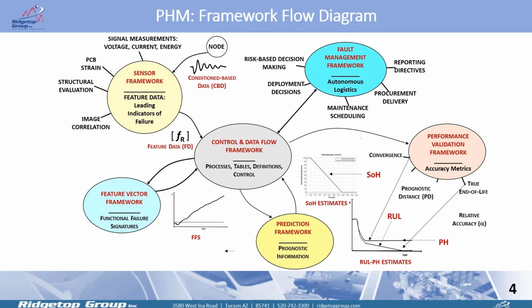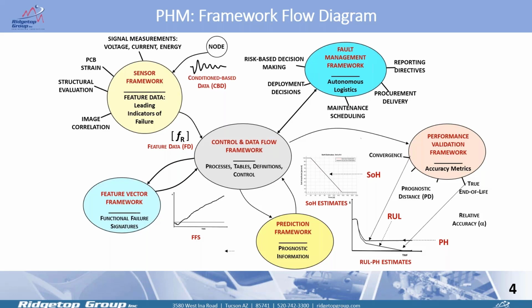The next slide shows a different view of prognostic health monitoring or management. The other one was like a block diagram or processing. This shows more of the data and the control flow. You have a node in the system to which a sensor is attached.